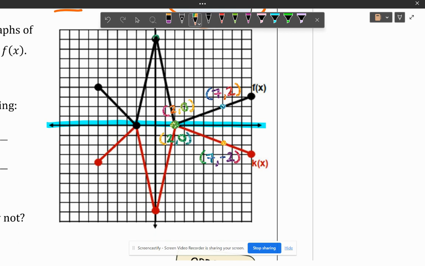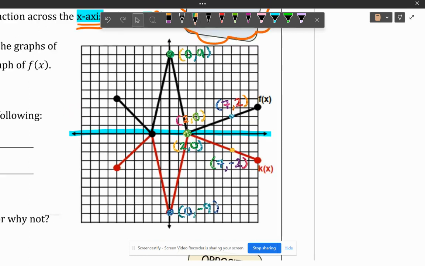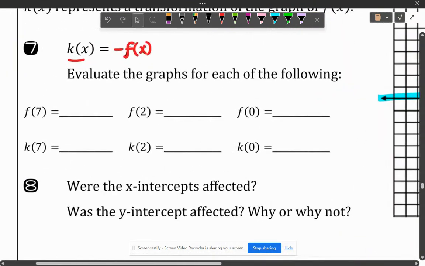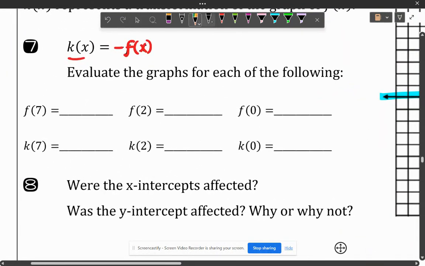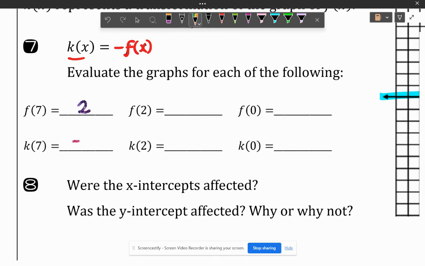And the last point I wanted you guys to look at is f of 0, which is 9, and k of 0 is negative 9. So we're going to notice something if you haven't already. F of 7 is 2, k of 7 is negative 2. F of 2 is 0, k of 2 is 0, and f of 0 is 9, k of 0 is negative 9. Are you guys seeing it?